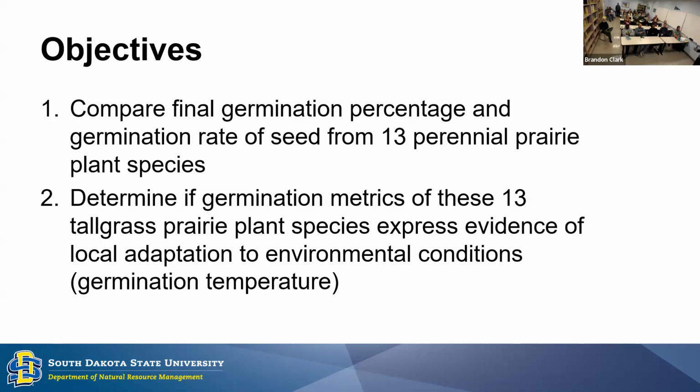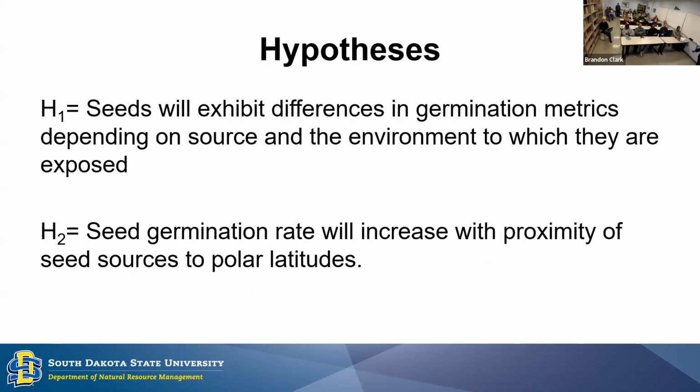And those environmental conditions we're putting them to is germination temperature, incubation temperature. My hypothesis is that seeds will exhibit differences in germination metrics depending on source and environment to which they're exposed. And secondly, the seed germination rate will increase with proximity of that seed source to polar latitudes.